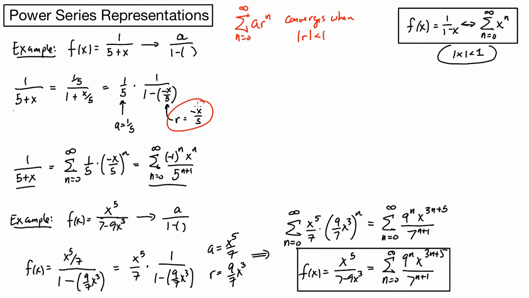So here r is negative x over 5, so this first series that we worked will converge when the absolute value of r is less than 1, but that's the same thing as the absolute value of x is less than 5. So the radius of convergence for this first example is r equal to 5.